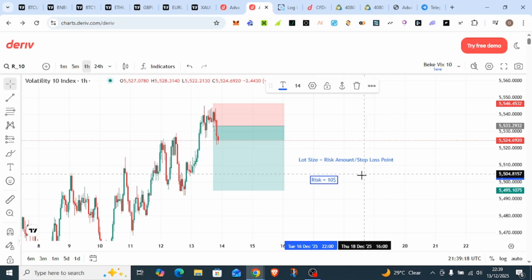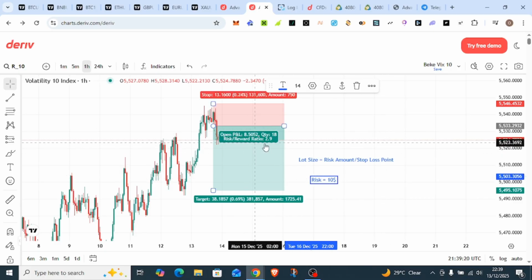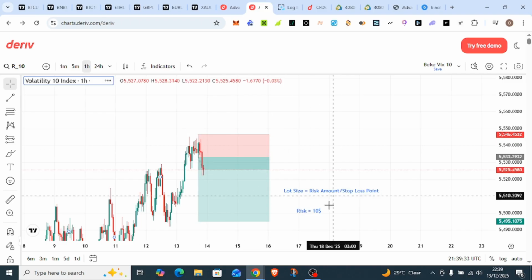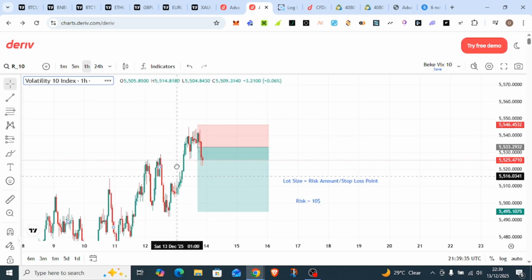In this setup now, we have our stop loss point to be 13.1600. So risk is equal to $10.